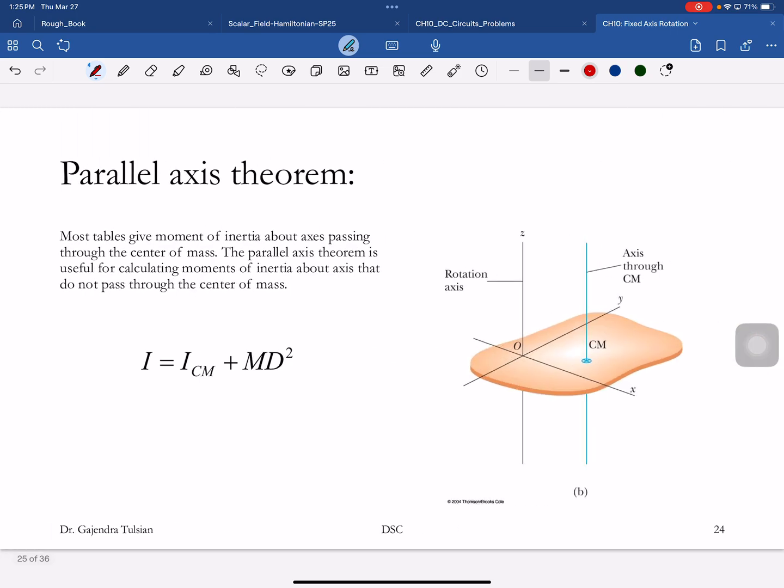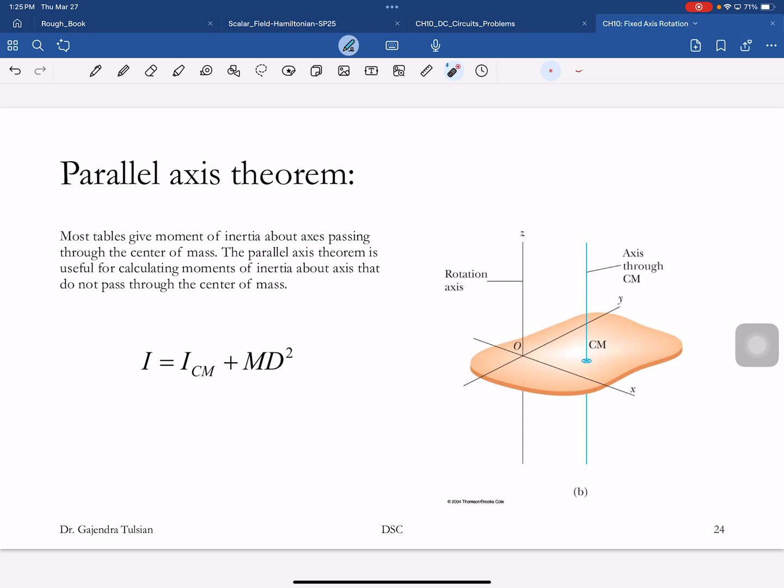But this parallel axis theorem helps us out. What this parallel axis theorem says is, if you know the moment of inertia about the center of mass for an object, like the name says, you can calculate the moment of inertia about any parallel axis using this theorem.